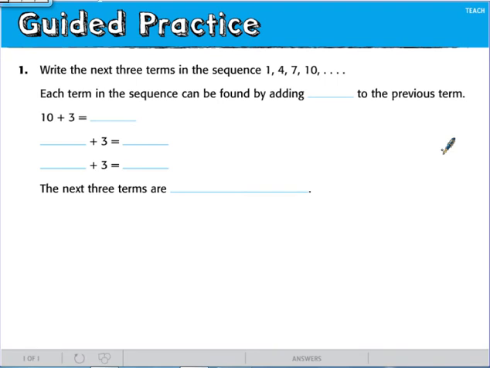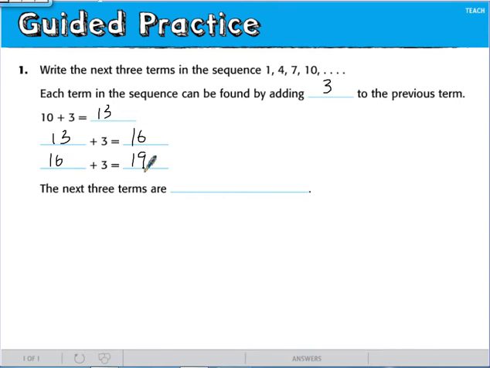Okay, it says write the next 3 terms in the sequence. So the terms they give us are 1, 4, 7, and 10. So each term in the sequence can be found by adding what? 3 to the previous term. So that means 10 plus 3 is 13, 13 plus 3 is 16, and 16 plus 3 is 19.